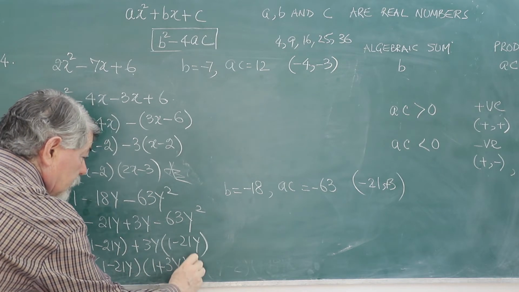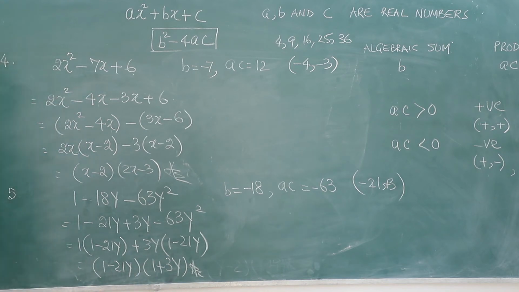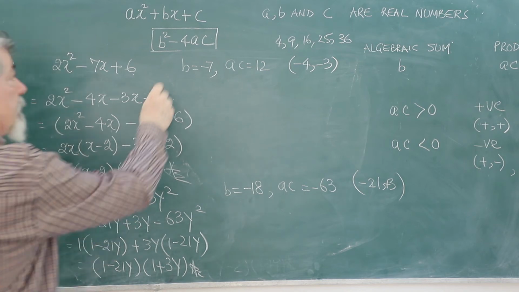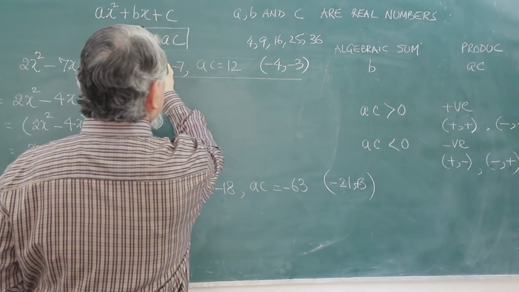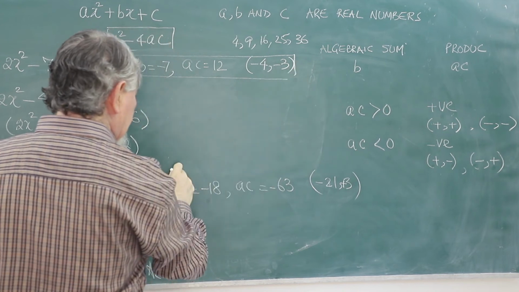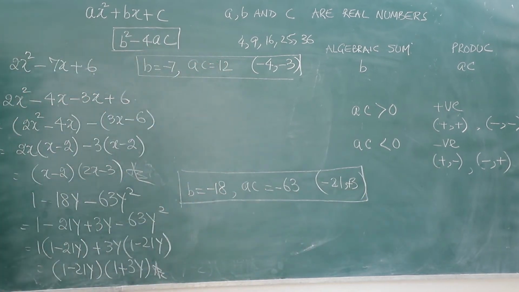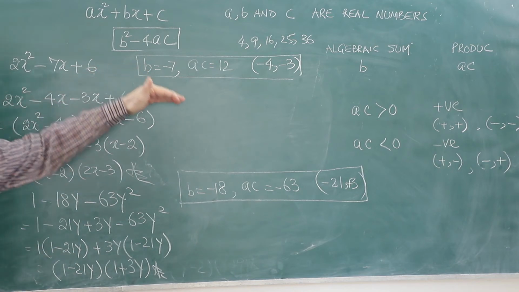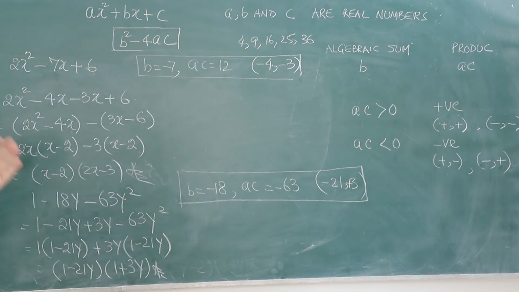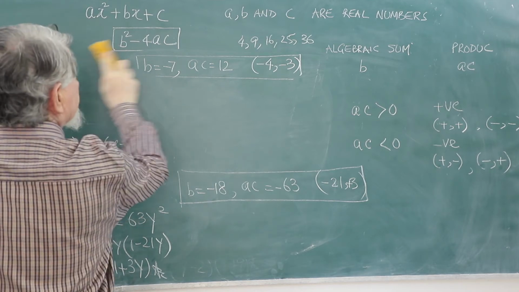So we have got the two factors, 1 minus 21y, 1 plus 3y. Time and again we are doing the same thing, and I said I am writing this in the beginning to make it clear to you, but finally you don't need to write it. It is not compulsory to write it, but if you think that it helps you, then you should always write it and remember it.